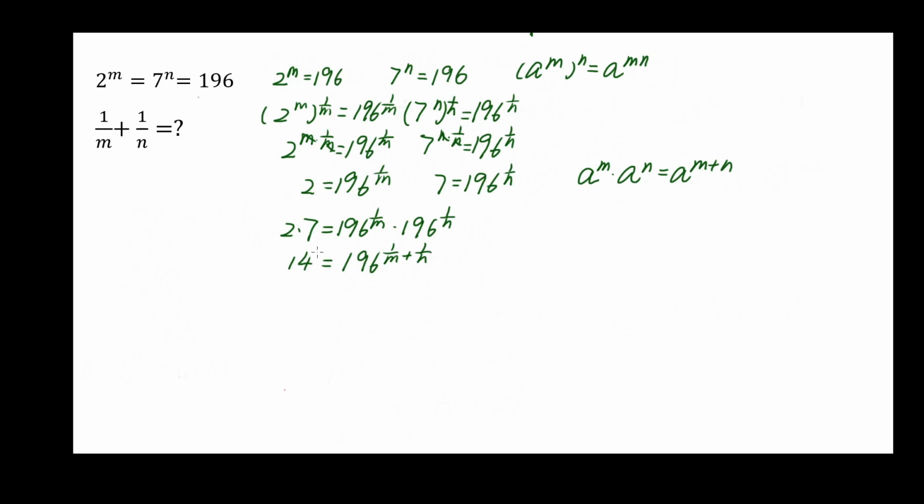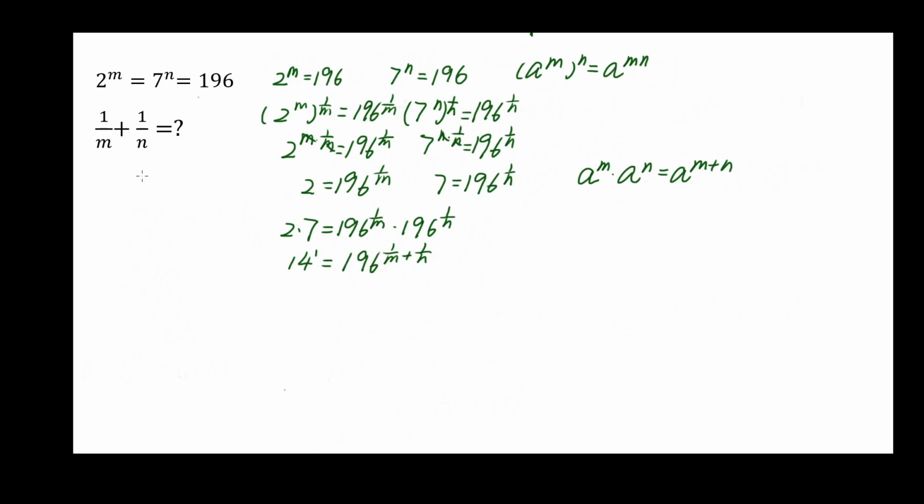But now we notice that this is 14 to the power 1, and these two bases are not the same, so it's not easy to know the relationship of 1 over m plus 1 over n on the left side. Can we express 196 as a number related to 14?